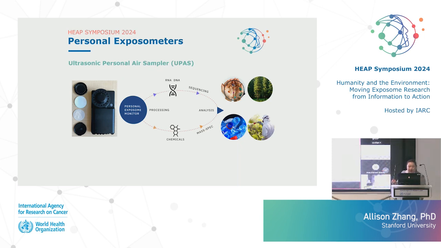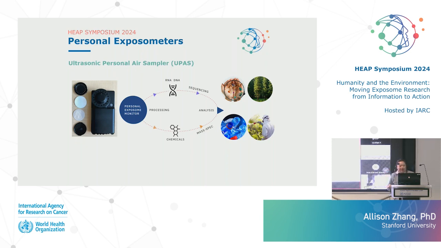From top to down, you will see a disc filter that looks like paper. Those are the ones that we use to collect the biological components, which will then be used to extract DNA and RNA and then subject to sequencing. And the lower one looks like a bag of sand.